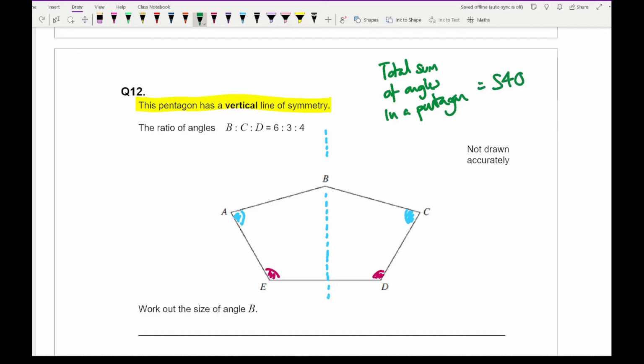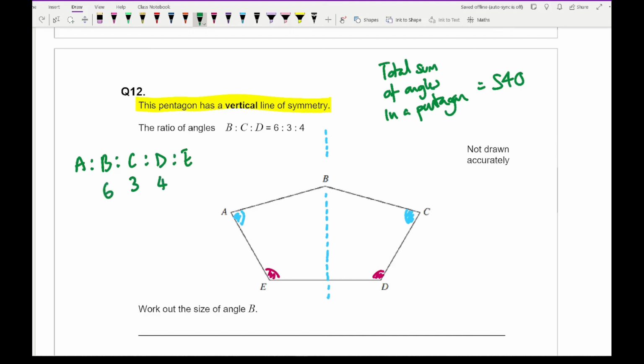Now if I write down all the angles, A and B, C, D and E, and I write down these ratio parts, C is 3, D is 4, and B is 6.